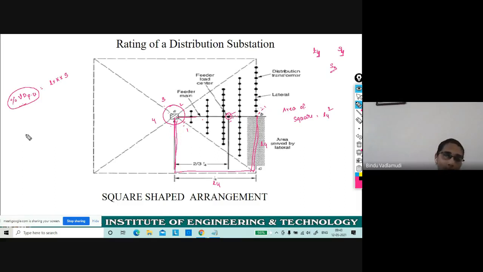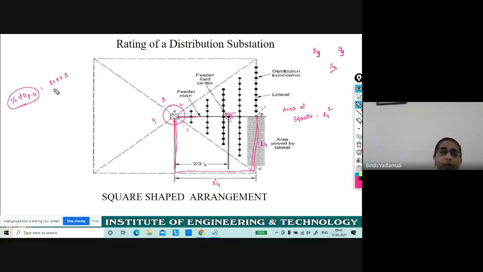Undoubtedly, because the voltage drop is involved, and this value is to be considered while deciding the rating of the distribution system. We have to overcome this voltage drop and transmit.